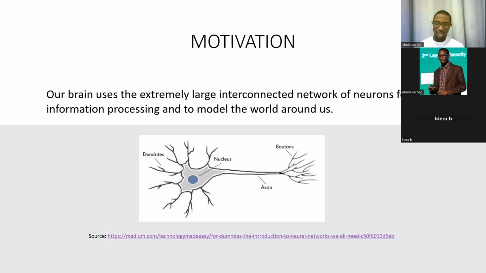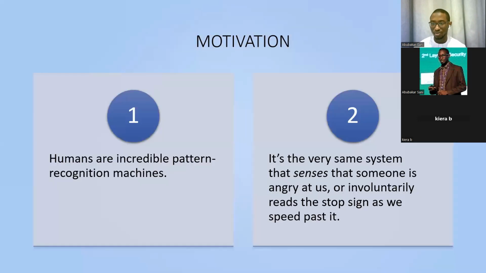If it decides to fire, it fires this signal via the axon, and then the boutons are connected to all other neurons so that the right neuron that is supposed to do the job is activated. So this is how our brain cells work in a nutshell, and based on this, we try to see how we can mimic these systems for our algorithms.